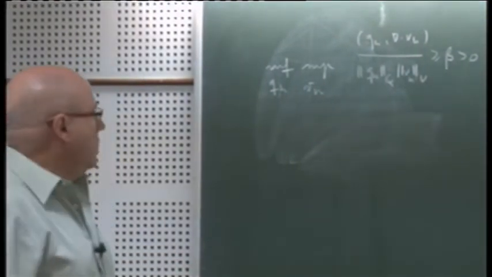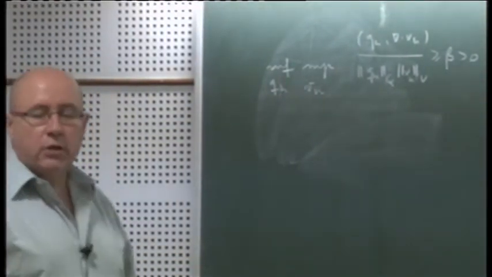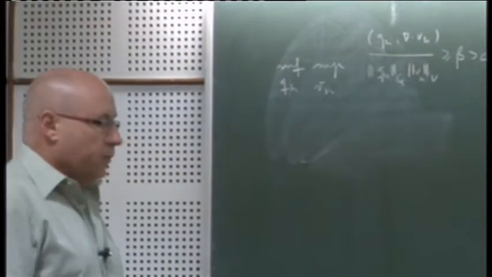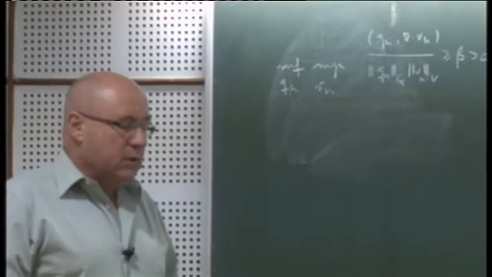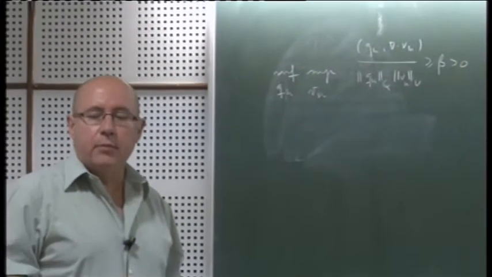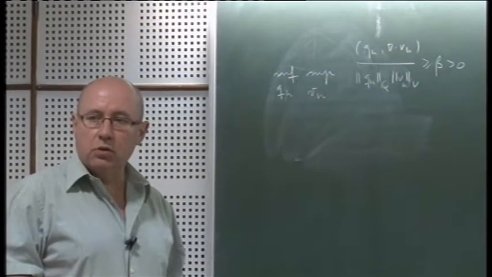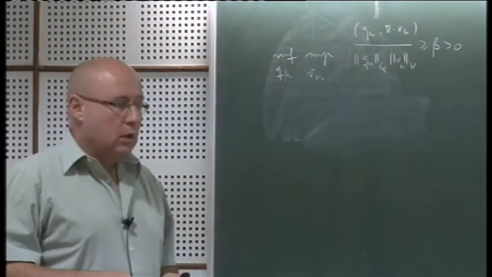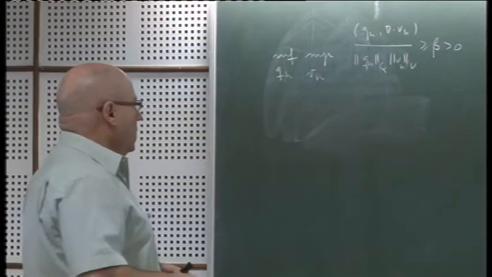Or vice versa, the smaller the pressure space, the easier this condition holds. Okay? So, in general, if you have a method that you don't really know if it is stable, if you reduce the number of pressure unknowns, you will improve stability, and vice versa. If you increase the number of velocity unknowns, you will improve stability.